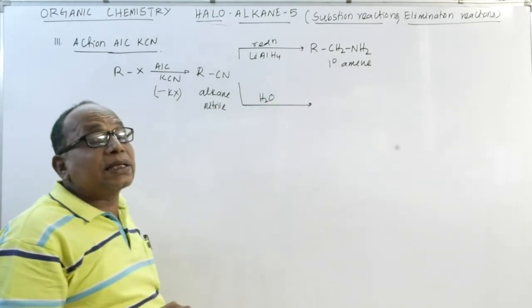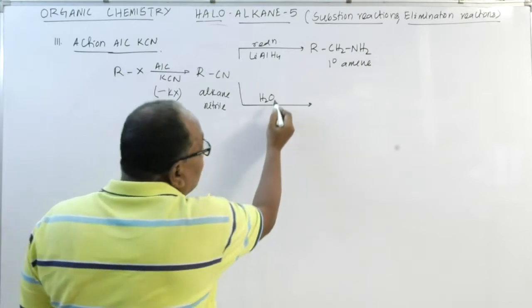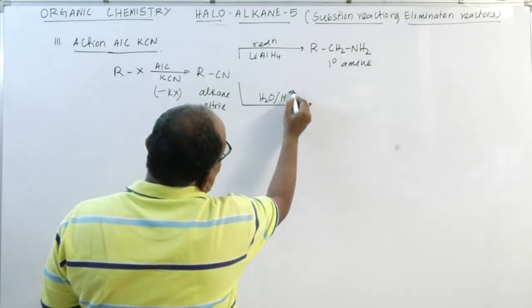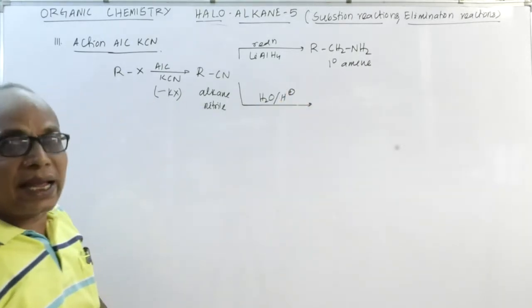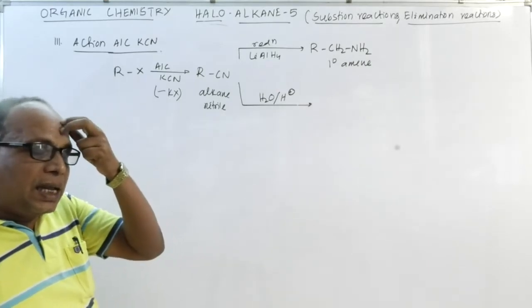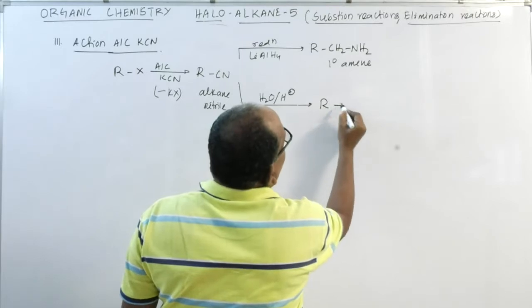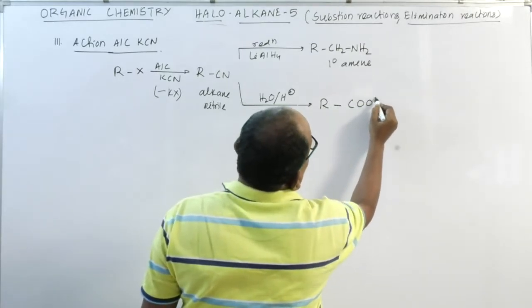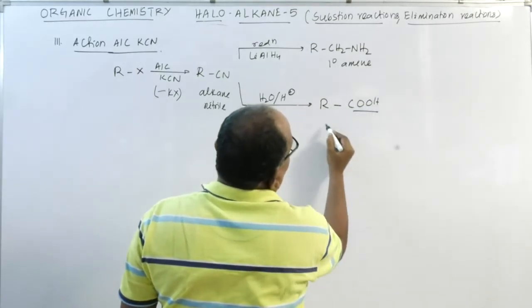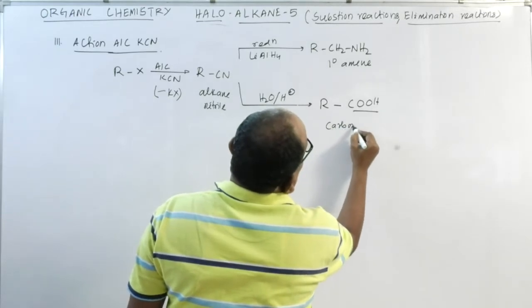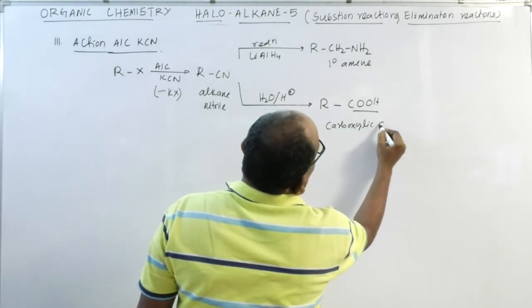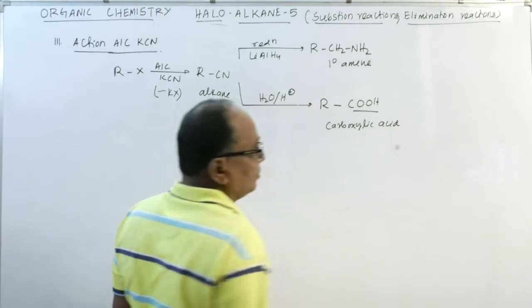Hydrolysis means reaction with water, and acidic hydrolysis means in the presence of any mineral acid like HCl, sulfuric acid. In acidic hydrolysis, this CN group is hydrolysed to form COOH. This is your carboxylic acid.